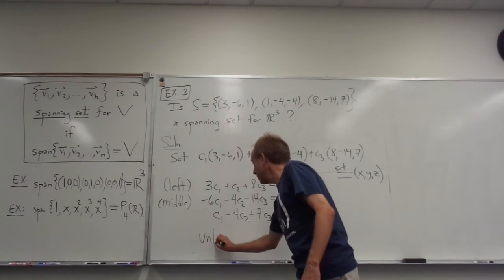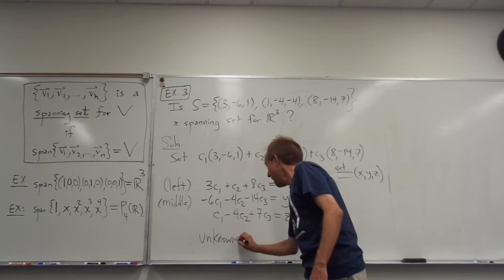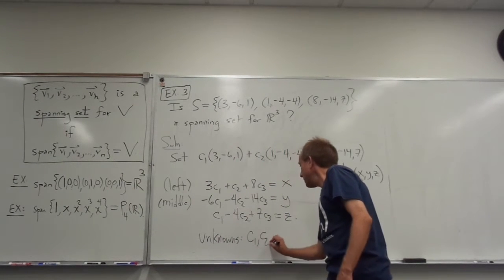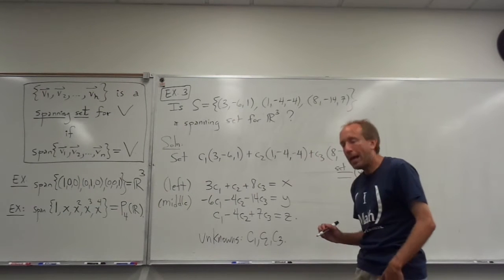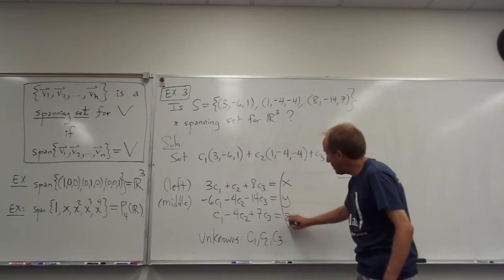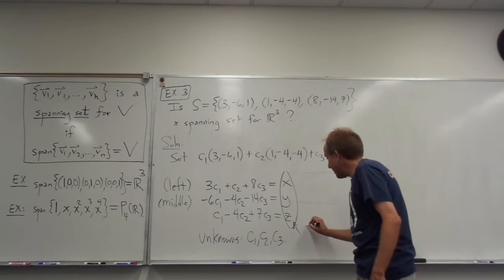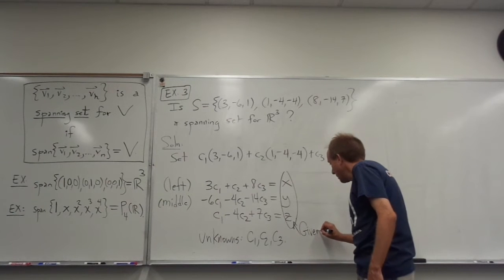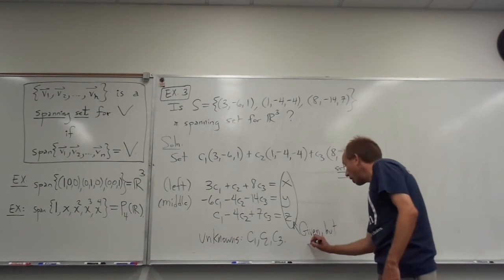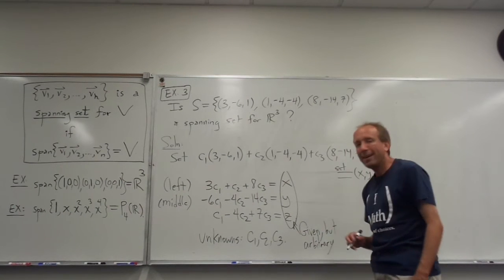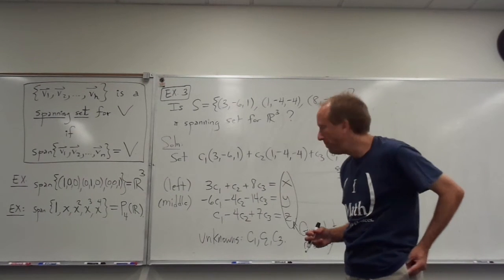So the unknowns right now are C1, C2, and C3. And x, y, and z are to be thought of as given values. They are given, but they are arbitrary. We don't have specific numbers here. They are arbitrary numbers.